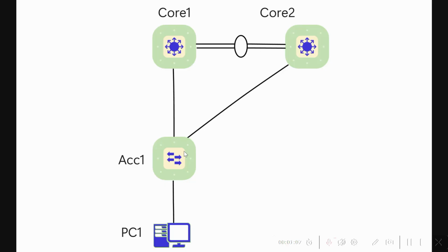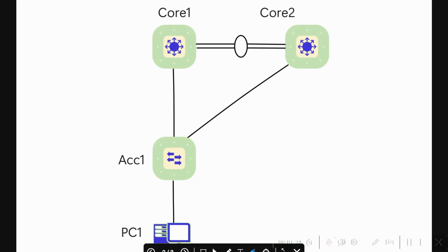The access switch will have two connections, one going to Core 1 and one to Core 2. Then we'll configure these ports as trunks, and then we'll have PC1, which is our workstation. It is connected to the access switch on an access port.